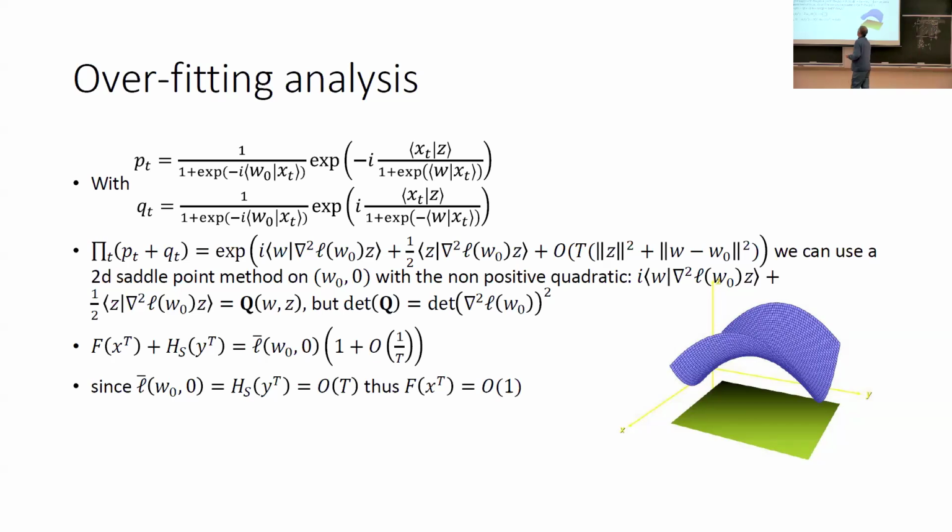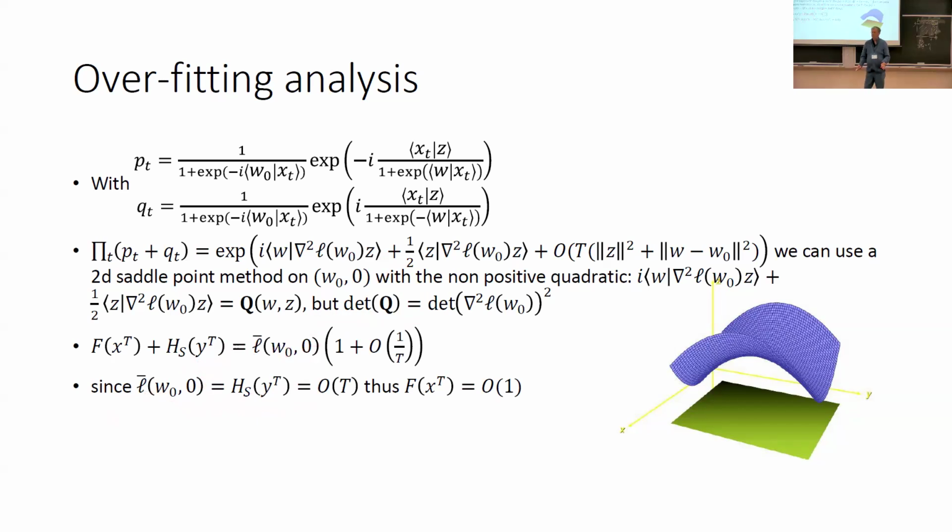And then the story is very simple. The saddle point method tells you that basically the leading term is this quantity at W0, 0, with an error of 1/t. The leading factor is nothing else than the entropy of the source.